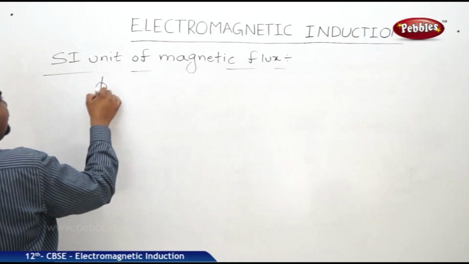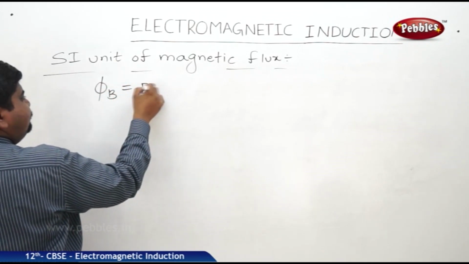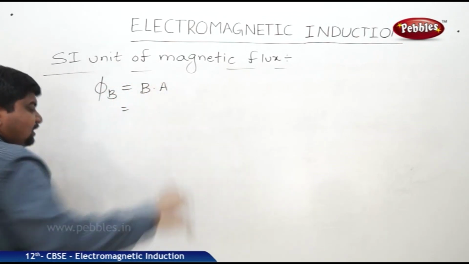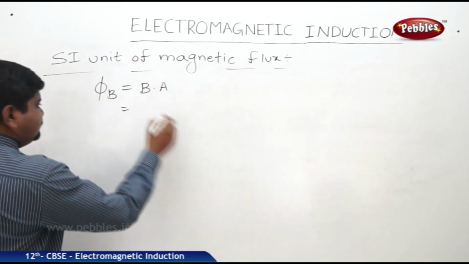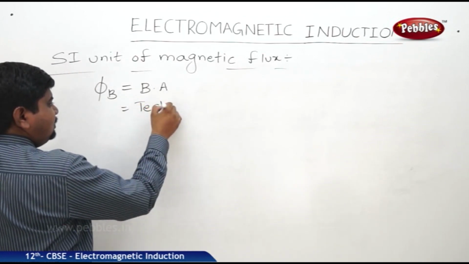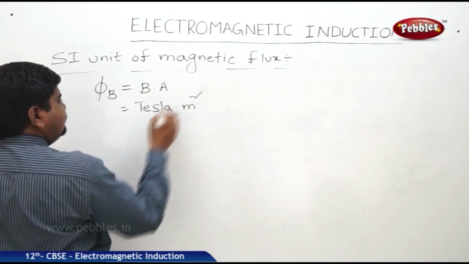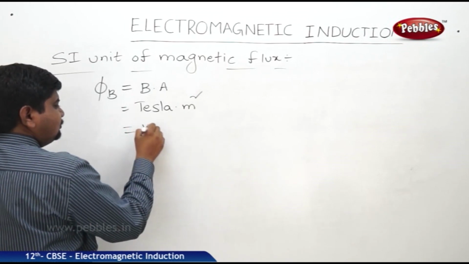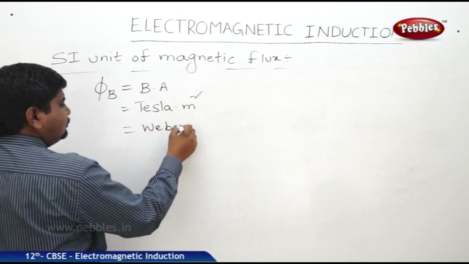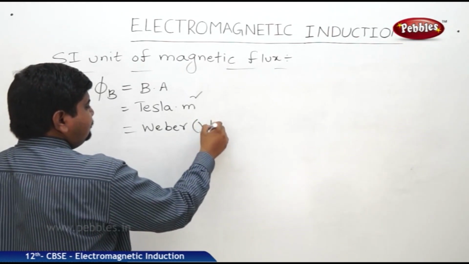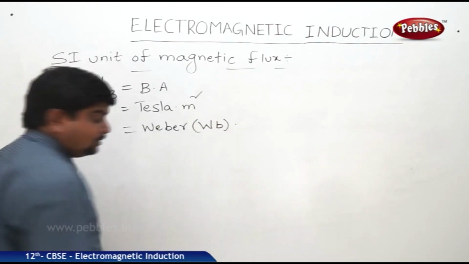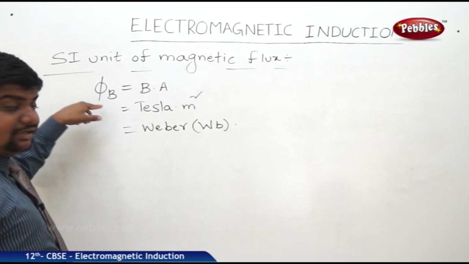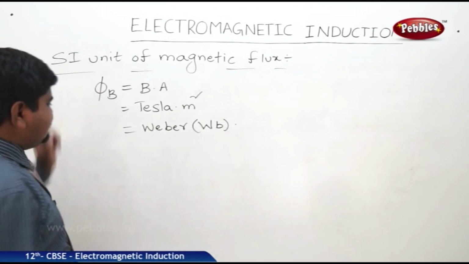Now we will see what the SI unit of magnetic flux is. We know that phi B is equal to B dot A, magnetic field into area of cross section. So it is Tesla meter square. 1 Tesla meter square is equal to Weber. The symbol is capital W, small b. So Weber is the SI unit of magnetic flux.